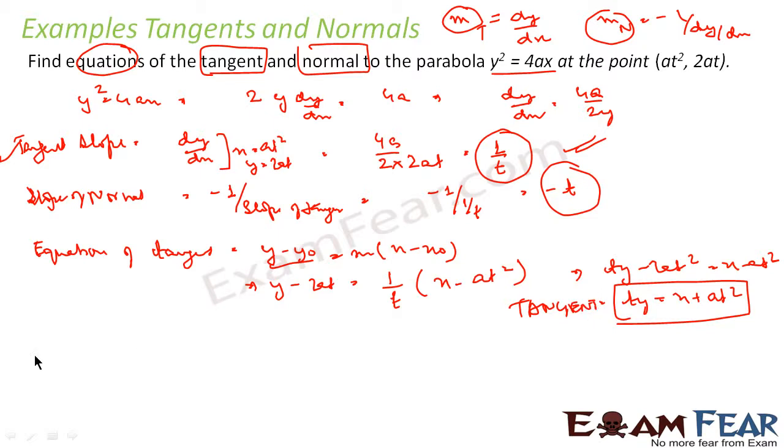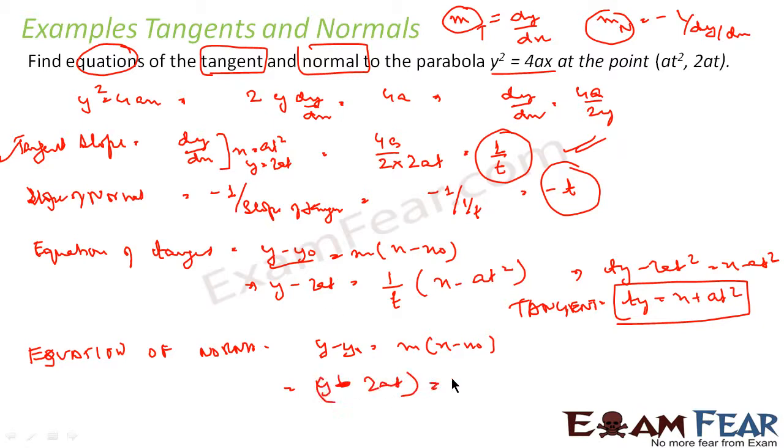Let's do the same thing for normal. I have to find the equation of normal. I'll use the same general formula, that is y minus y naught is equal to m into x minus x naught. Here also y naught is the same, y minus 2at, but here the slope will change.